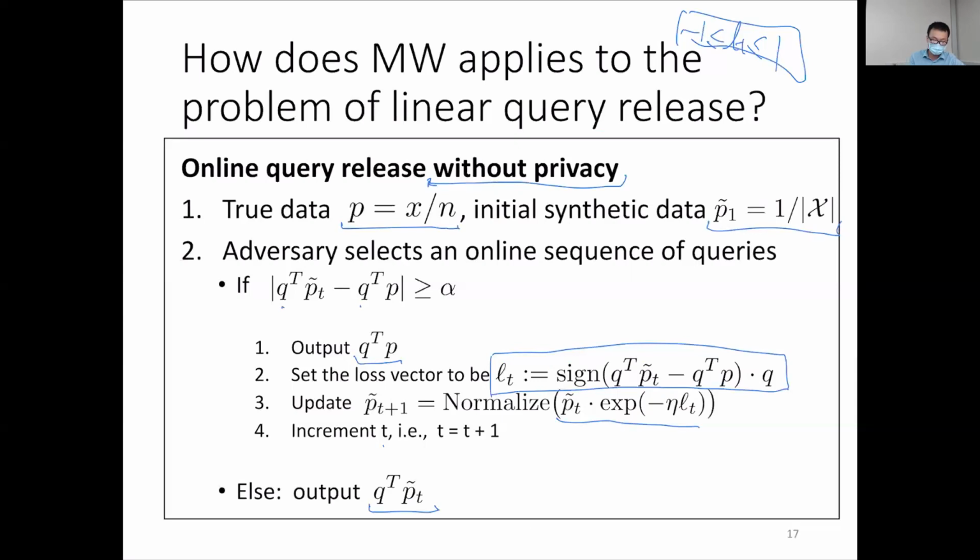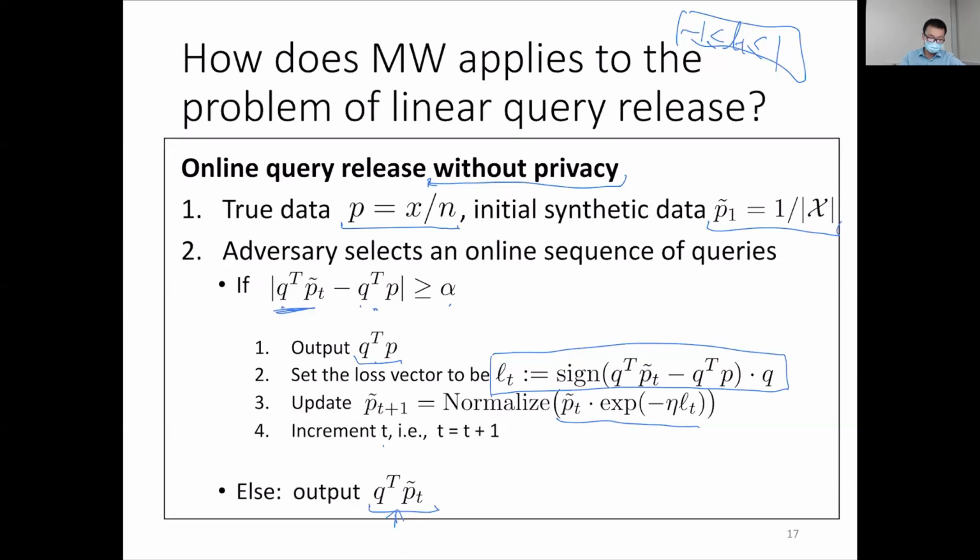The first case is that we output this, and this only happens when this is alpha close to the ground truth, when the synthetic data gives me something that's already accurate. And when this p tilde is not accurate, I'm outputting the ground truth itself with error 0. Therefore, this algorithm always outputs answers to these queries with error at most alpha. Okay, does that make sense to everybody?